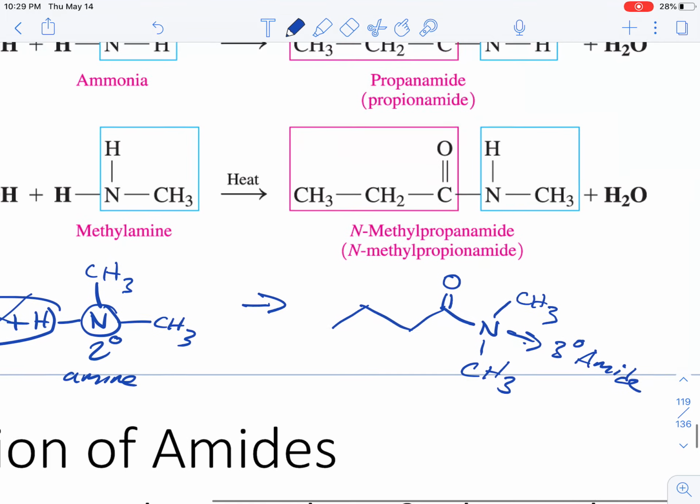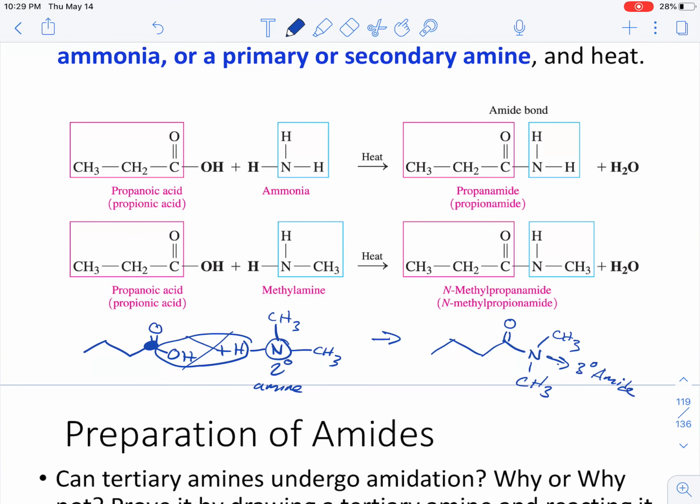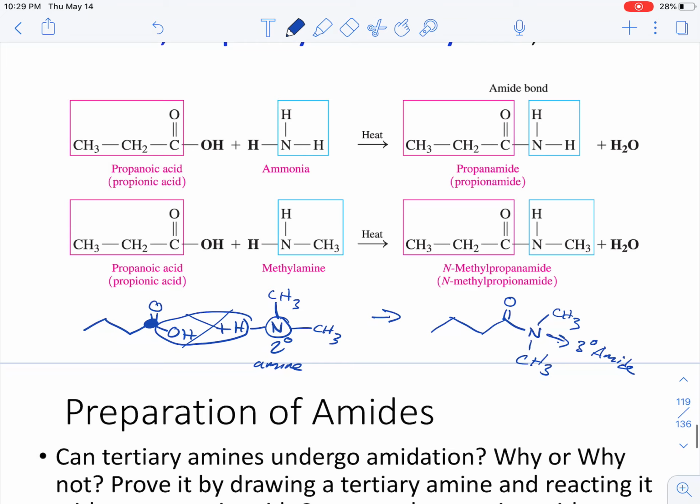So just keep that in mind. If you have ammonia with a carboxylic acid, you get a primary amide. If you have a primary amine and a carboxylic acid, you will get a secondary amide.